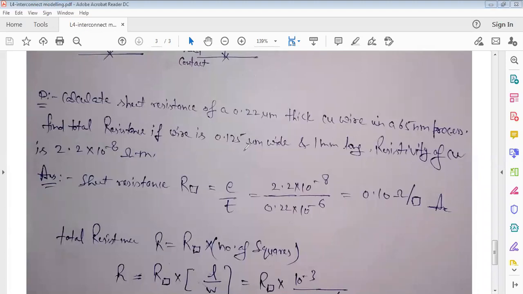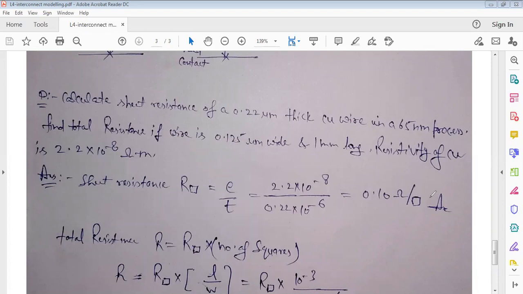The resistivity of copper is also given, that is 2.2 times 10 to the power minus 8. How will sheet resistance be found? You can easily find it by using the formula rho upon t. So the sheet resistance will be 0.1 ohm per square.